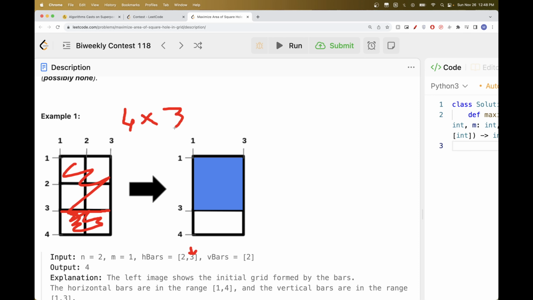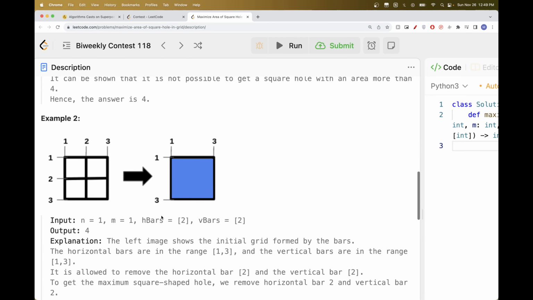So this is something you need to pay attention to. It's not a square, so we can't do that. The maximum square we can get is actually just this one, by removing horizontal bar 2 and vertical bar 2. Then we get 2 by 2, so that works. This other one, if you want to get the length, is 3 by 2, and so it's a rectangle. But the square, we can only get this one. I wanted to clarify that.